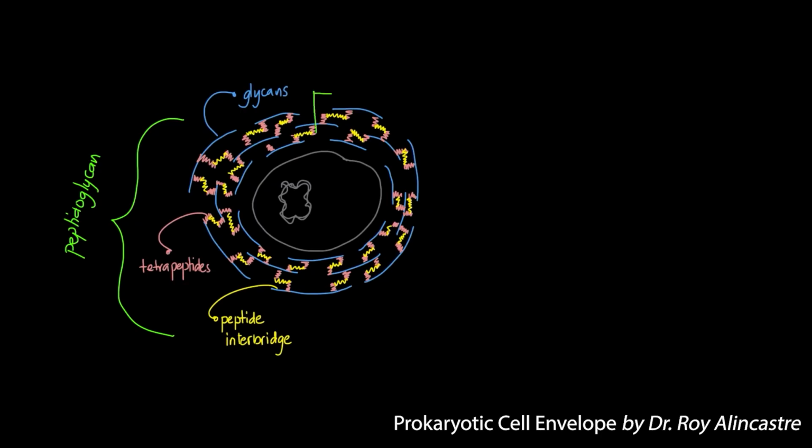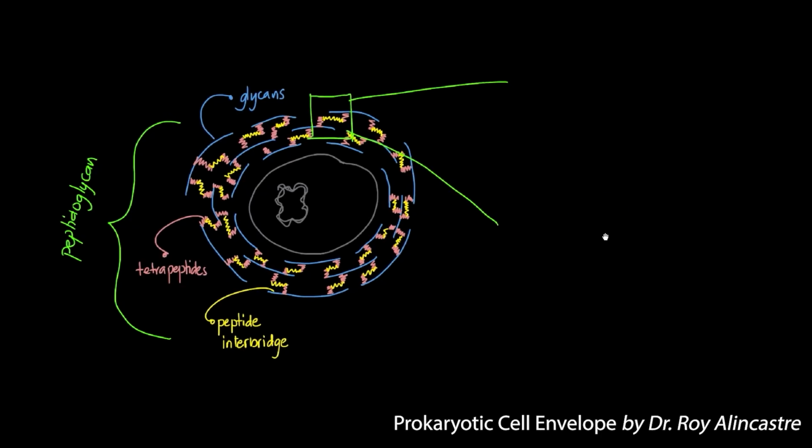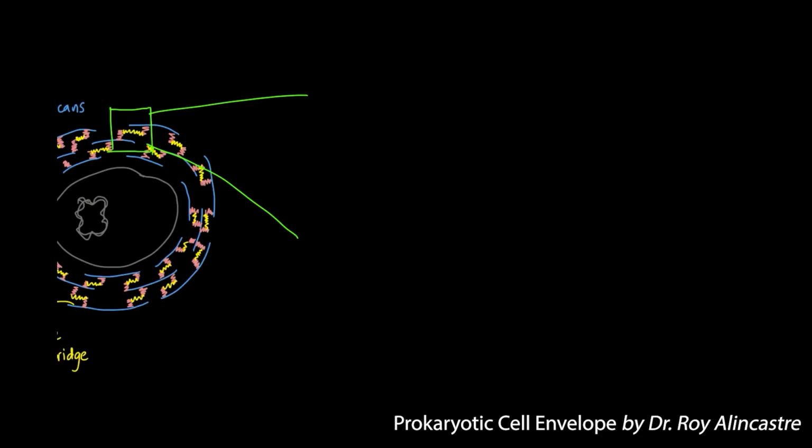Now let's take one part of the cell wall and zoom in, just so we appreciate the structure even further. So the sugar backbones are actually made up of 2 monosaccharides, NAM and NAG. So NAM stands for N-acetylmuramic acid and NAG stands for N-acetylglucosamine.